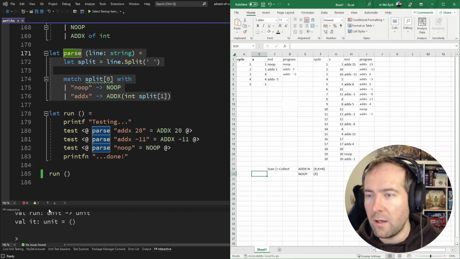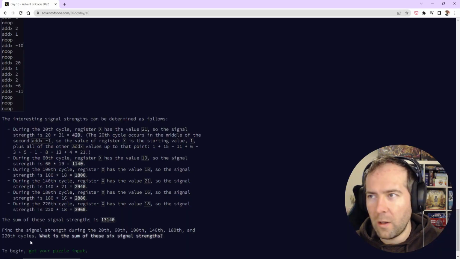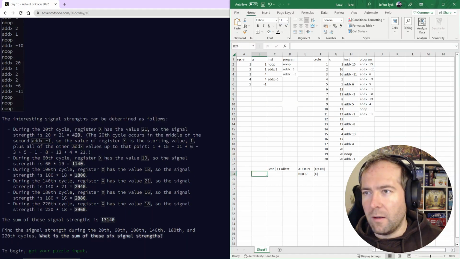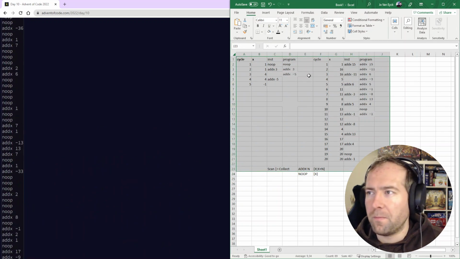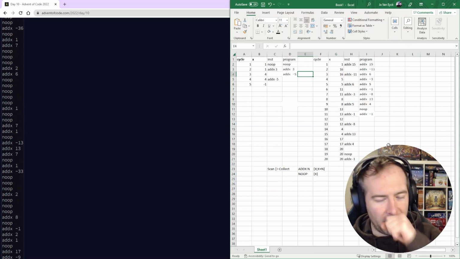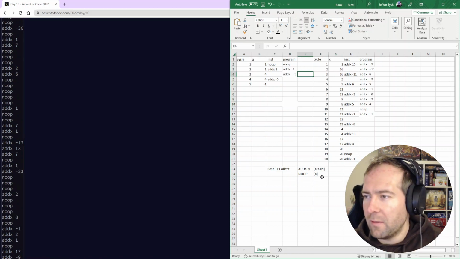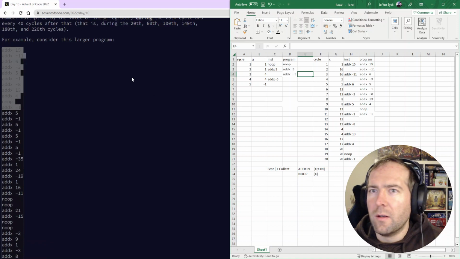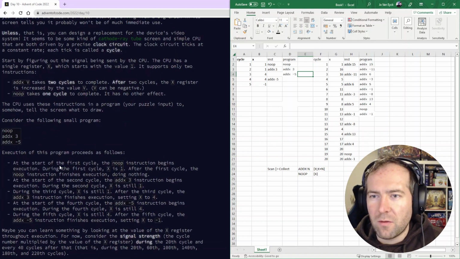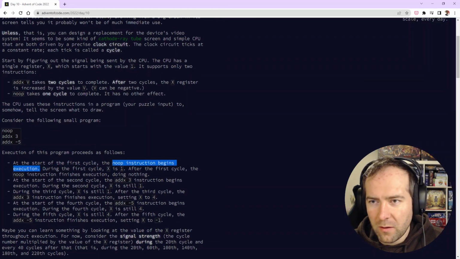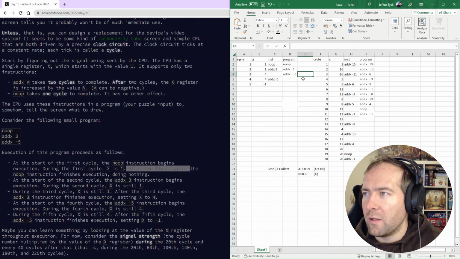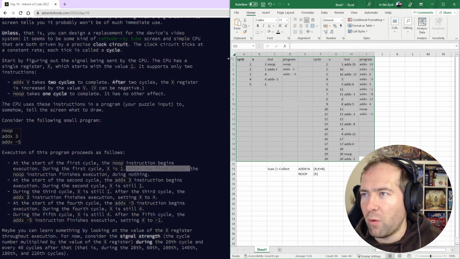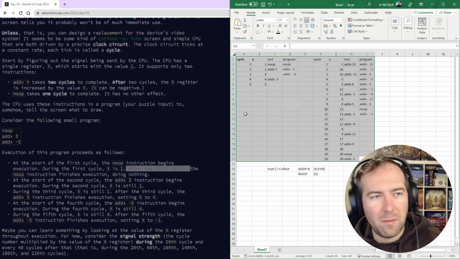And then I did some noodling, and I mapped out the 2 examples from the description, so I got more of a sense of what was expected, because the phrasing of the description, at the start of the cycle, during the cycle, and after the cycle, was very confusing for me personally.